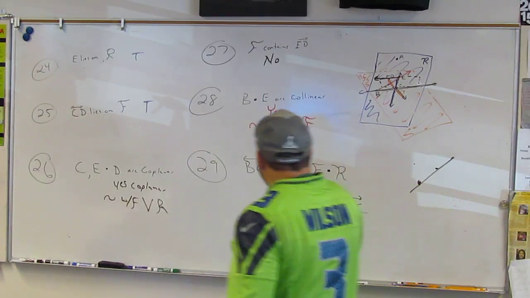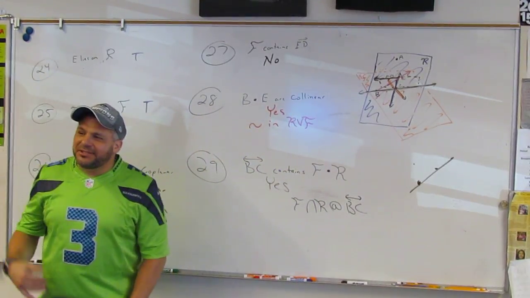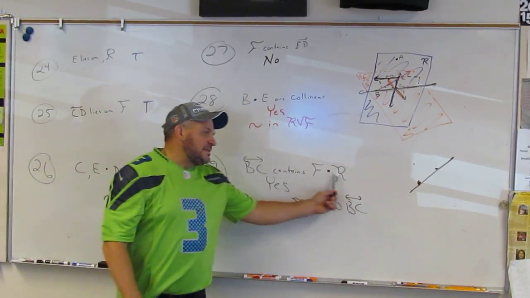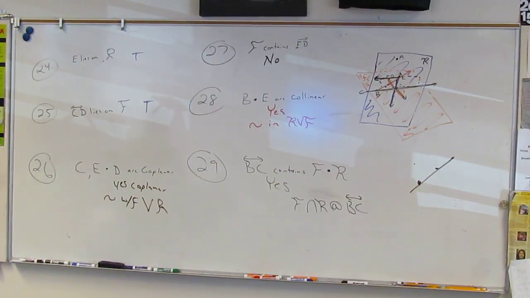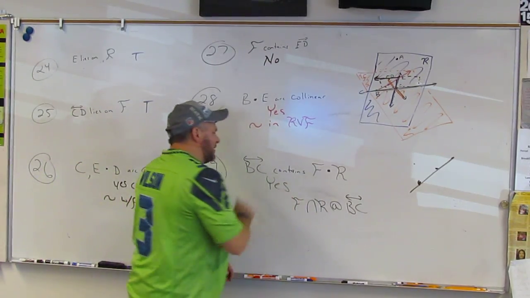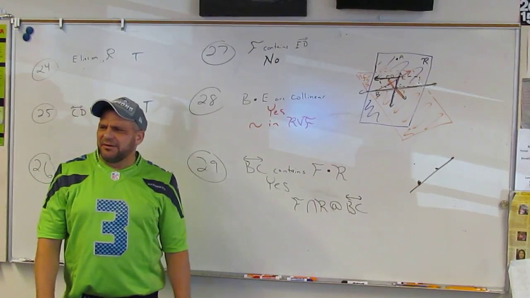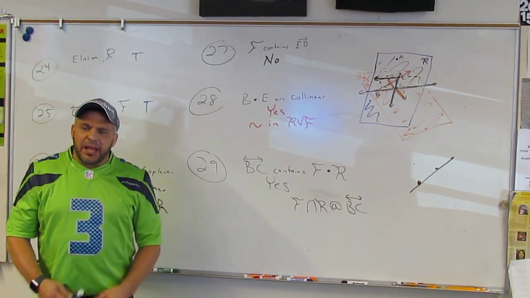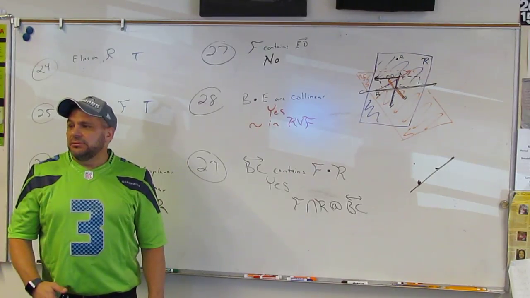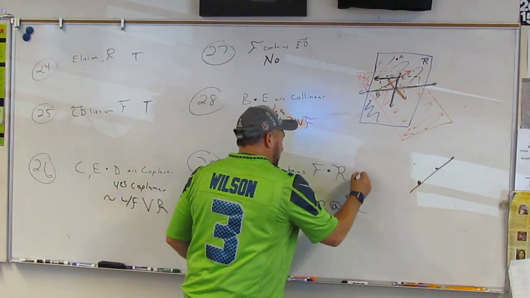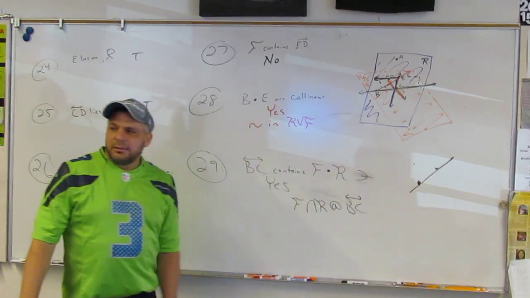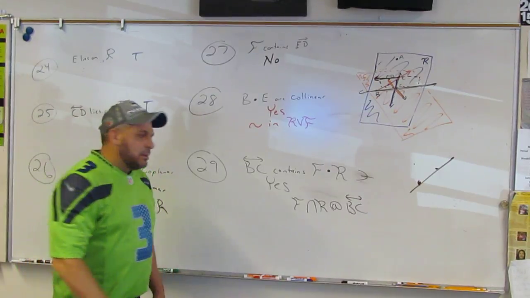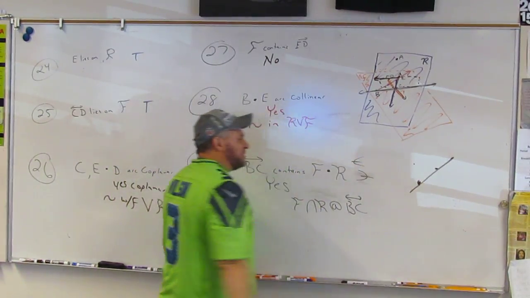So, another word for contains would be such that. BC such that F and R. Right? Or I should actually say F and R contains BC. It would be better. And you can use such that. Another one that they use for such that is this.